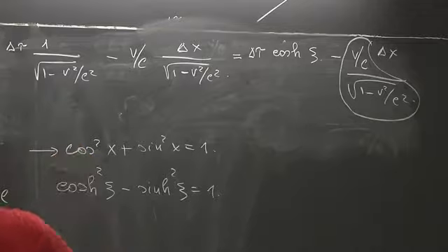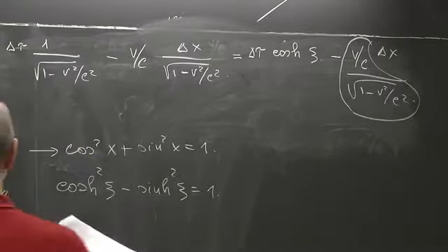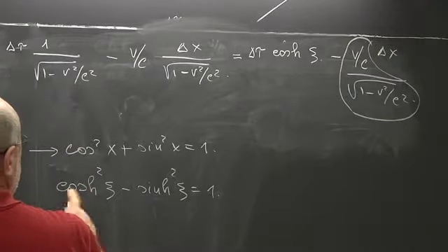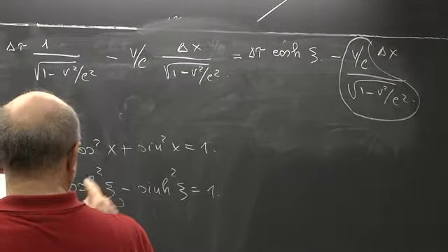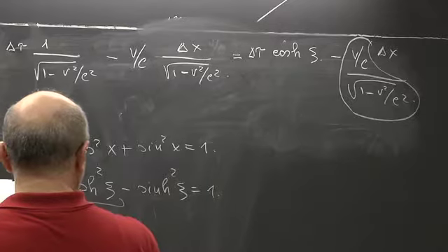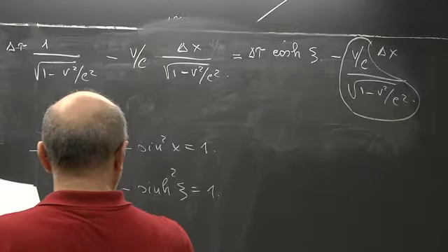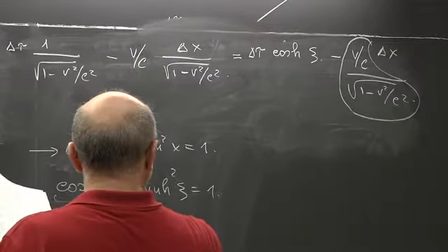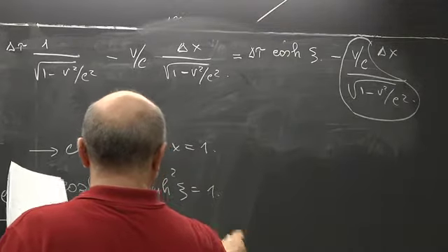Remember, the analog of the trigonometric one is this second one. I imagine that all of you know this. So let's insert here the expression: cosine hyperbolic square is 1 over 1 minus v square over c square, minus sine hyperbolic square of psi equals 1.